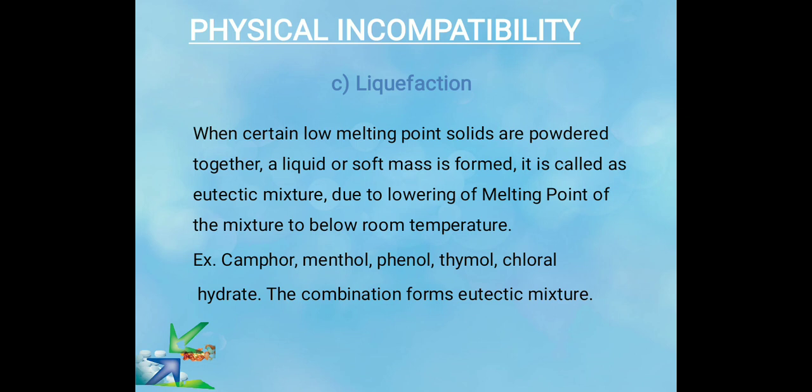So if we use these products in combination, it will result in formation of a eutectic mixture, and this eutectic mixture may liquefy. So if we have to dispense a free flowing powder, in such cases it may result in incompatibility.